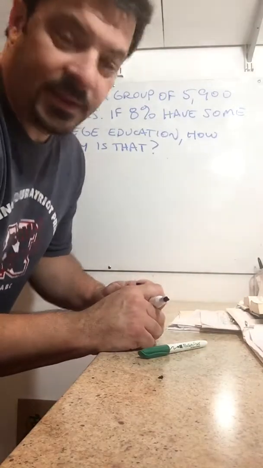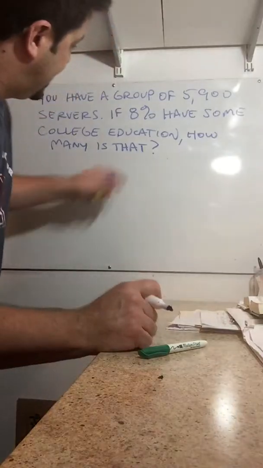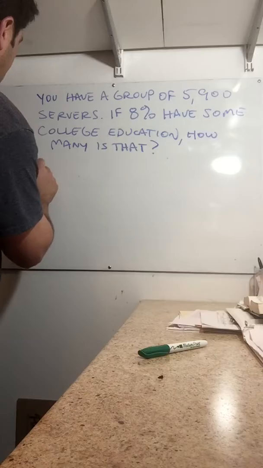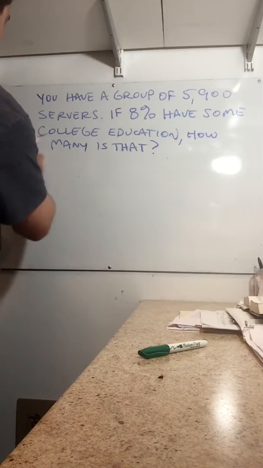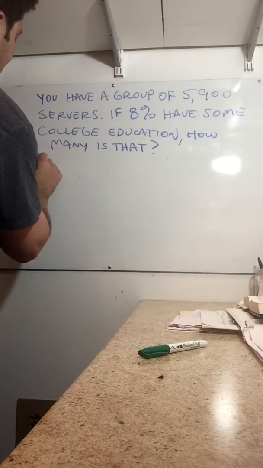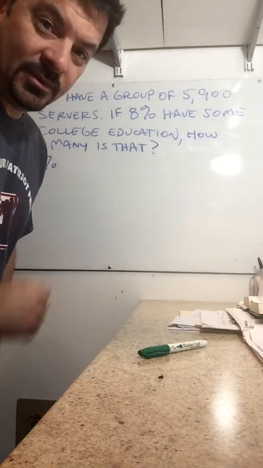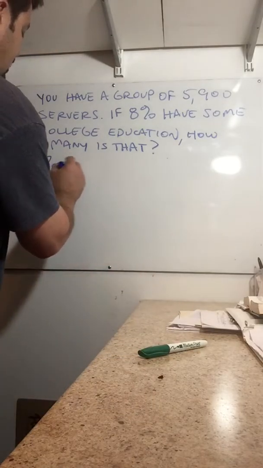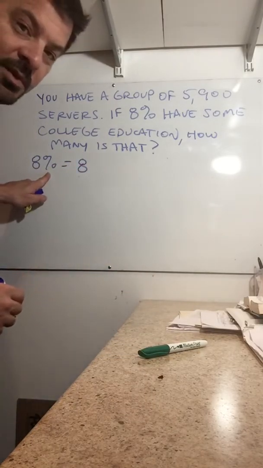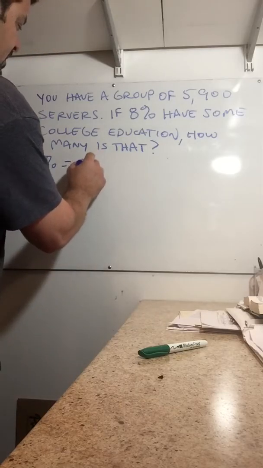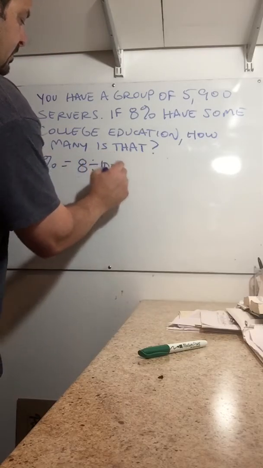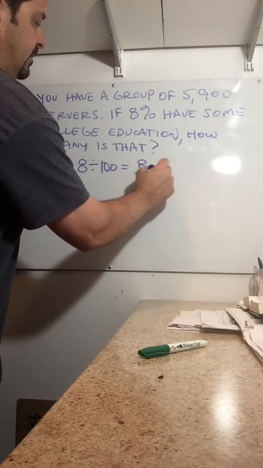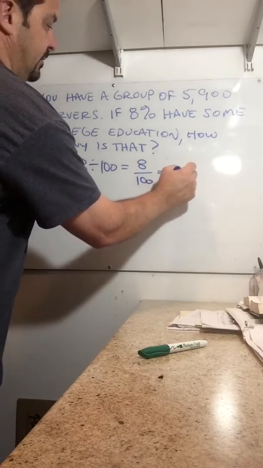Well, the easiest way is to get 8% in our calculator. So we go 8. So when we have 8% and we're trying to get it to a decimal, we don't multiply this time. We strip off the percentage sign. We divide it by 100. So this is going to be like 8 divided by 100, and we get 0.08.